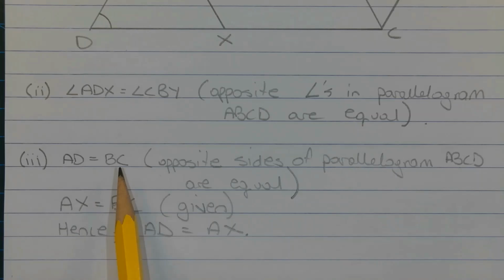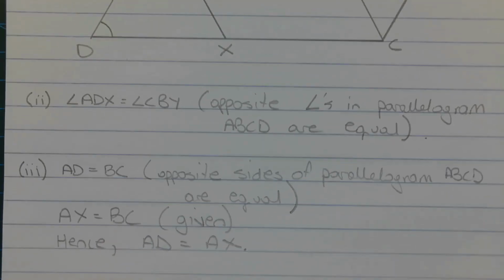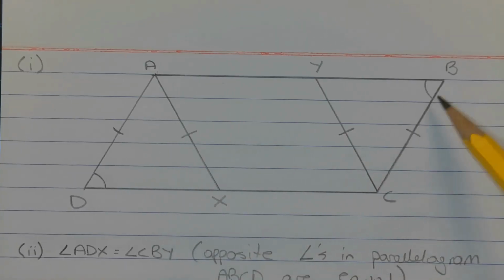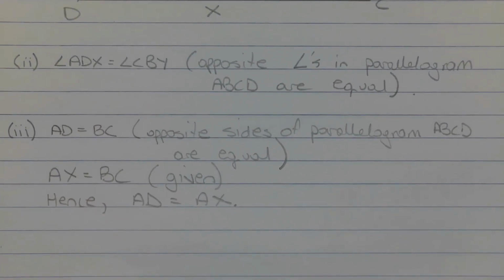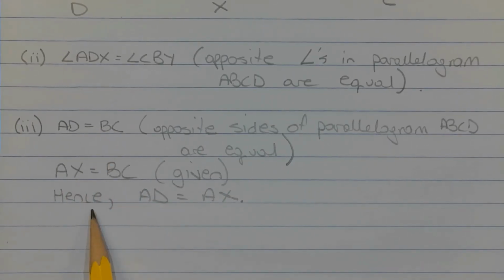So AD equals BC, and opposite sides of parallelogram ABCD are equal. Now AX equals BC, and that's given in the original question, and that was already marked in the diagram. So AX has a dash, and BC has the same dash. And because AD equals BC and AX equals BC, hence AD equals AX.